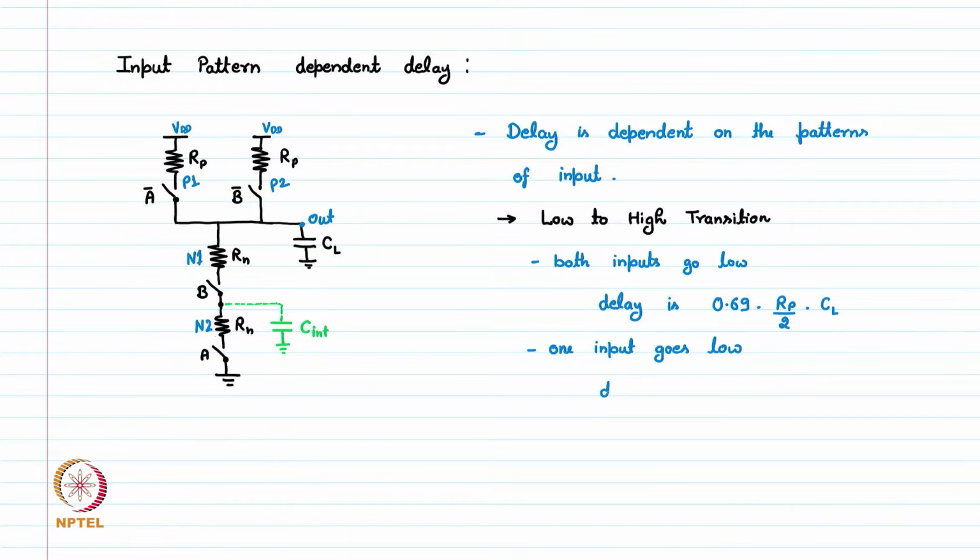So the delay is 0.69 times Rp into CL. We can see here this delay in the second case is actually double the delay in the first case. So the delay for both inputs going low is very small compared to the case where only one input goes low.